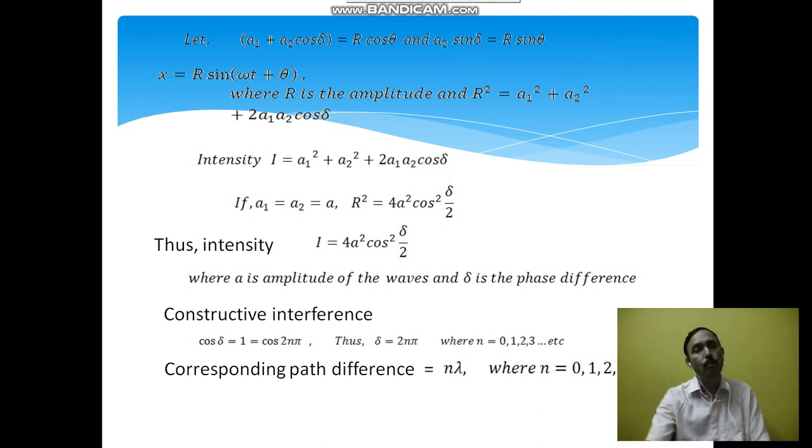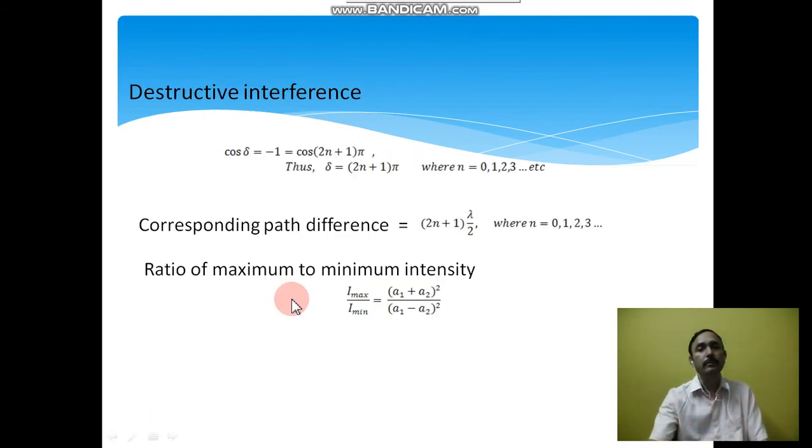So I max to I min is equal to (a1 plus a2) whole square by (a1 minus a2) whole square. If a1 is equal to a2, then I max will be (2a) whole square, that means 4a square. I min will be 0.